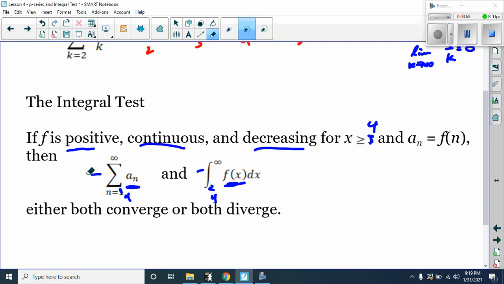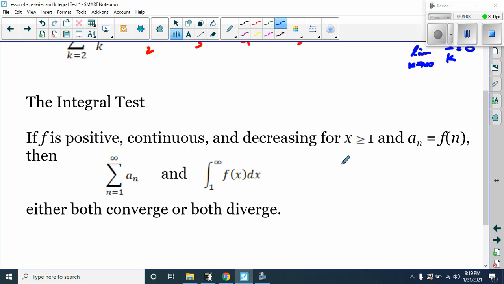It does need to be continuous on the interval, which almost always it will be. I guess we will eventually take a look at one where it's not. And it does need to eventually be decreasing. It needs to be getting smaller and smaller and smaller. Although if this is always negative, you want it to be getting closer and closer to 0.